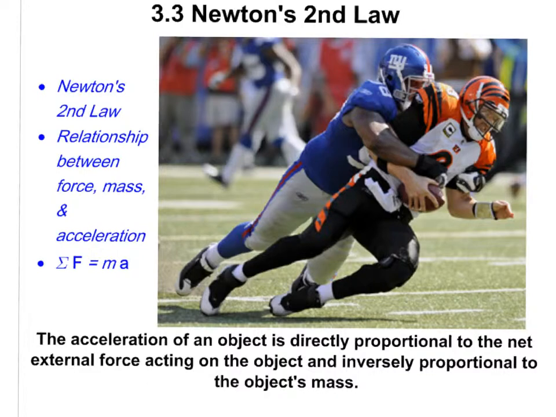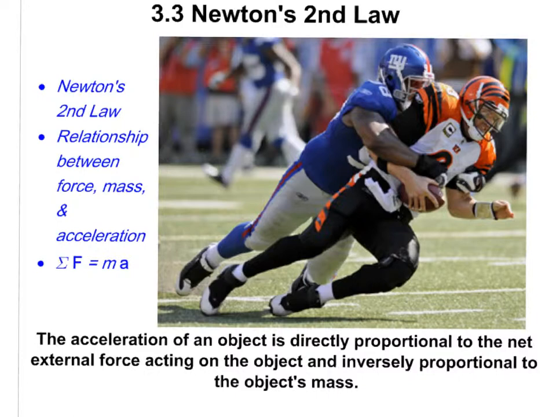In essence, Newton's second law simply states the acceleration of an object is directly proportional to the net external force acting on the object. The acceleration is also inversely proportional to the object's mass. And you all know force equals mass times acceleration, that equation.